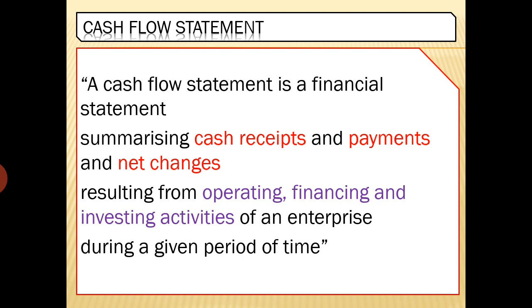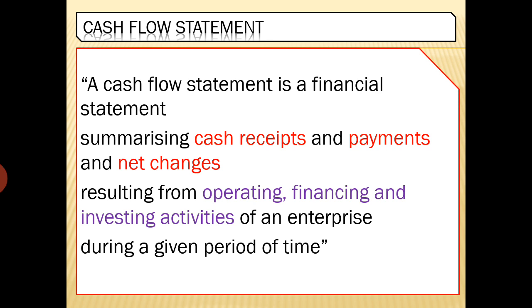It summarizes all the cash receipts, all the cash payments and the net changes, whether there is any change in cash as compared to the opening balance of cash, closing balance of cash, etc. Okay, which shows the net changes, inflows and outflows resulting from operating, financing and investing activities of an enterprise.